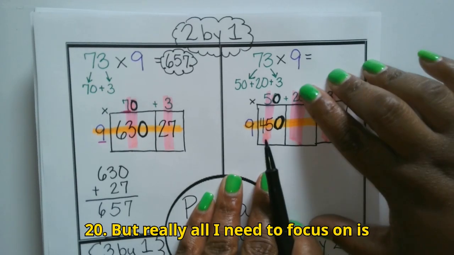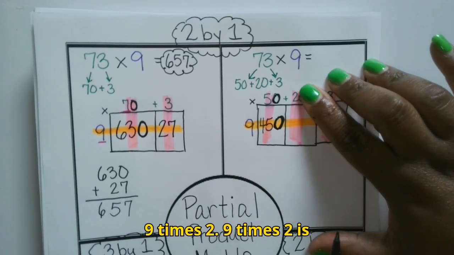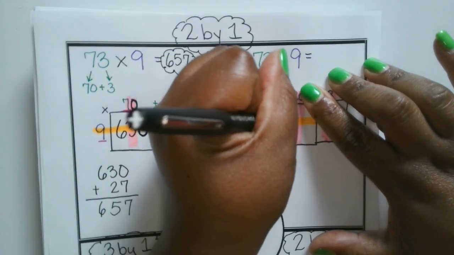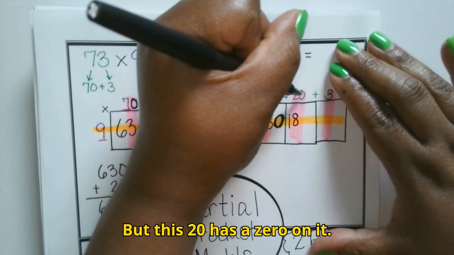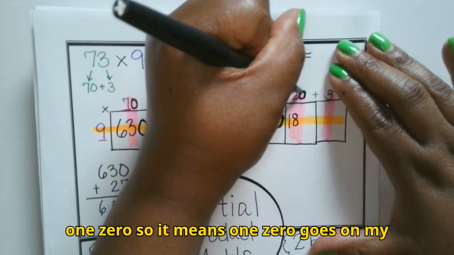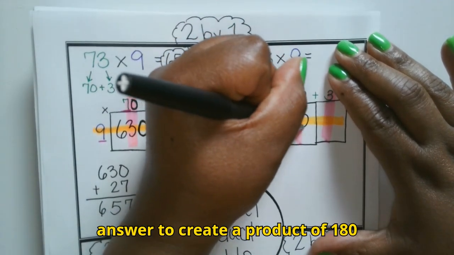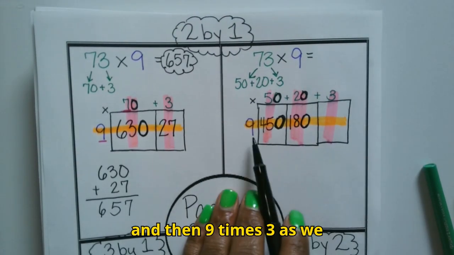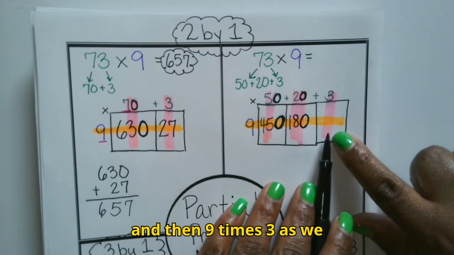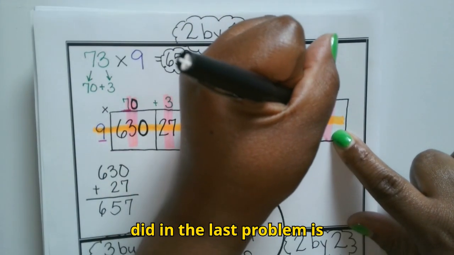But really all I need to focus on is 9 times 2. 9 times 2 is 18. But this 20 has a 0 on it, 10. So that means 10 goes on my answer to create a product of 180. And then 9 times 3, as we did in the last problem, is 27.